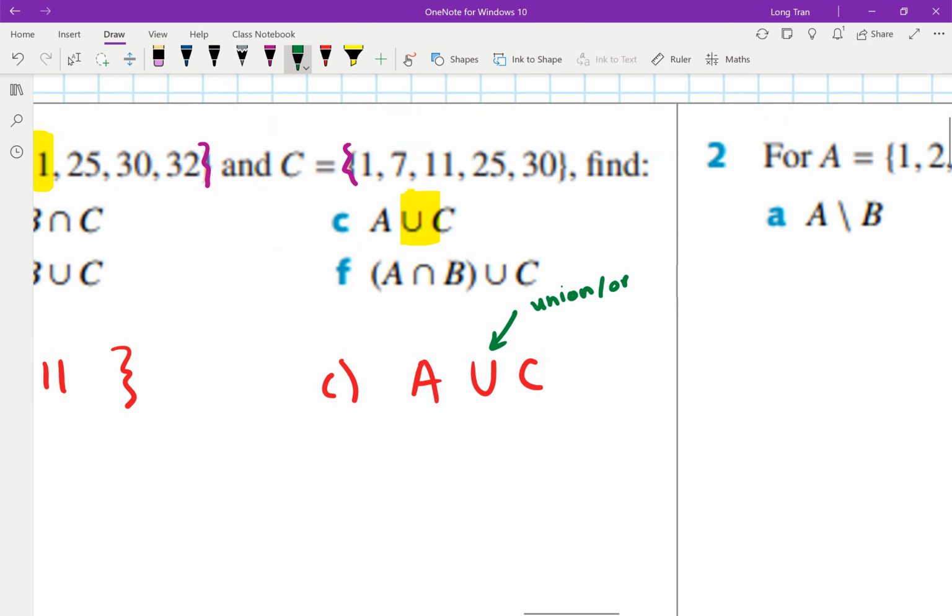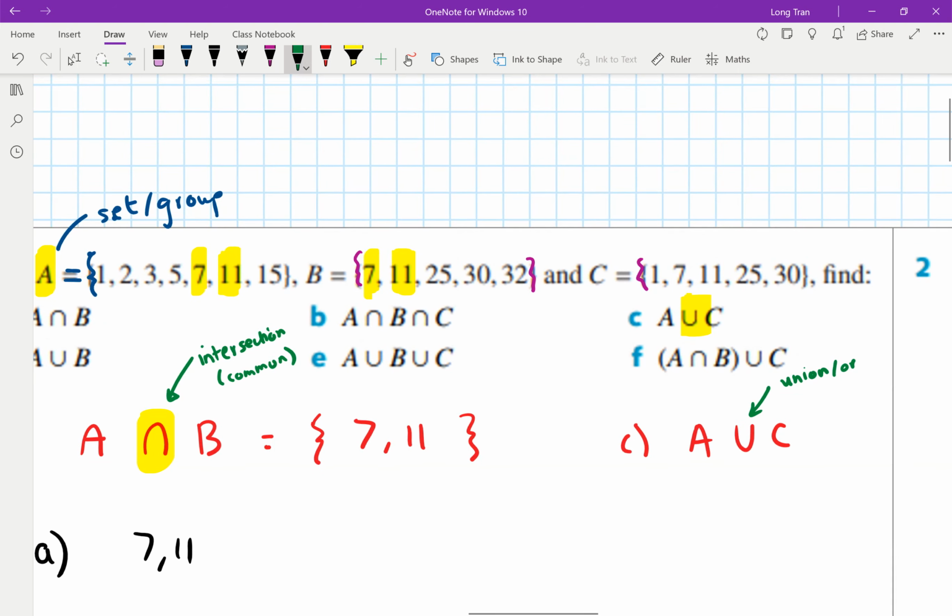So what it's trying to say is whatever's in Group A, include it with Group C. So in Group A, I have 1, 2, 3, 5, 7, 11, 15. But in Group C, I already have the 1. I already have the 11. So the only ones that I don't have, 7, 25, and 30, I'm going to group them together.